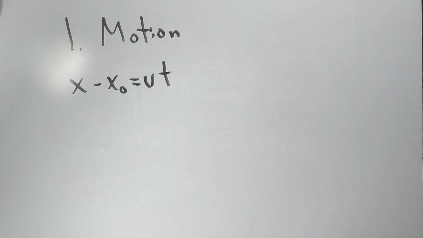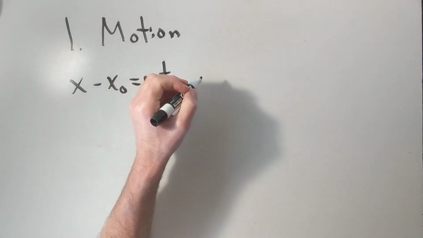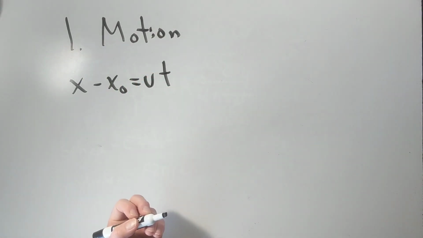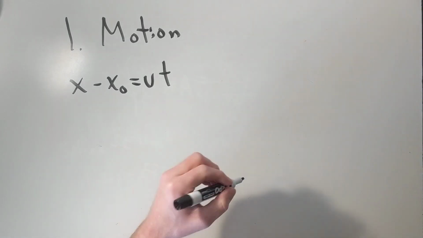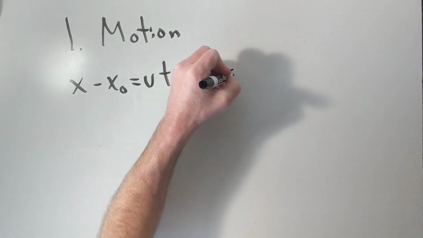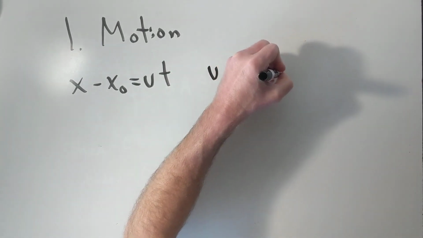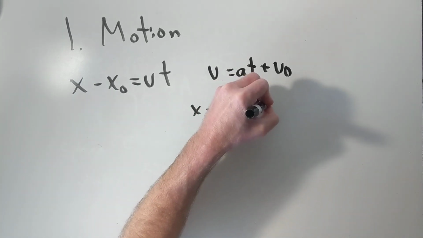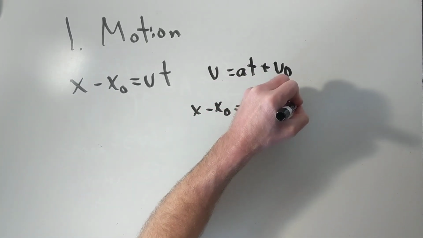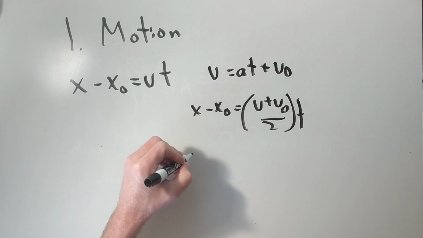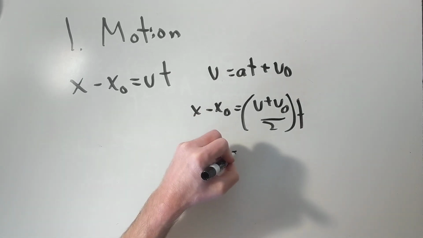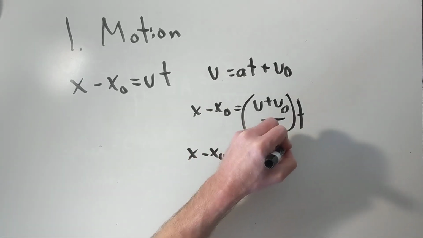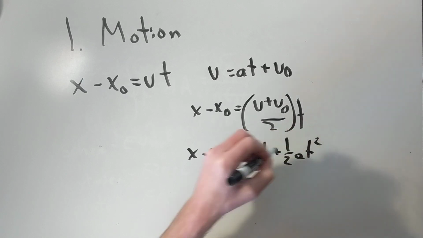But then after that, we looked at 4 equations of constant acceleration when things sped up or slowed down, etc. And those were v equals at plus v naught, x minus x naught equals v plus v naught over 2 times time, x minus x naught equals v naught t plus 1/2 at squared.